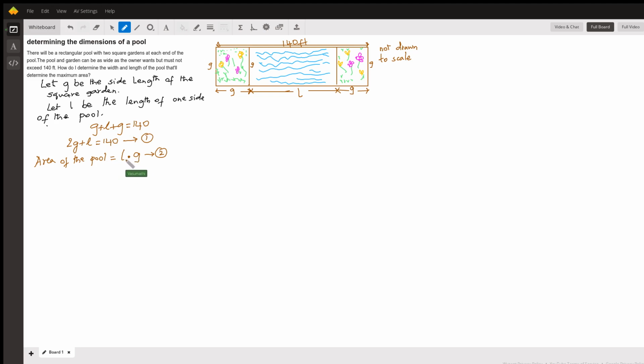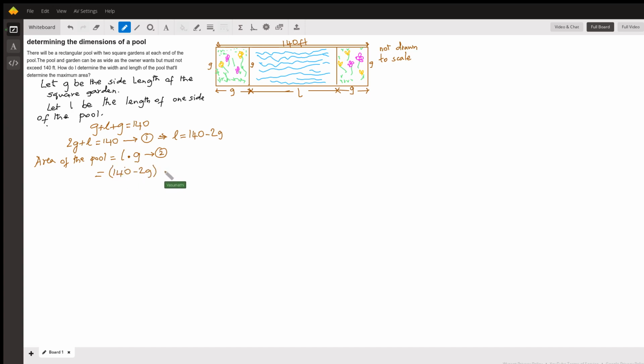So instead of L, I'm going to rewrite L using G. From equation 1, I can say L equals 140 minus 2G. So now the area of the pool I can rewrite as L times G, where L is 140 minus 2G.